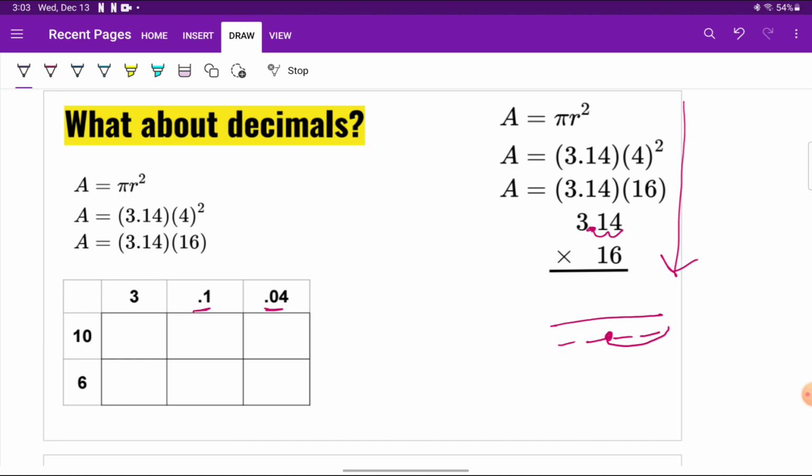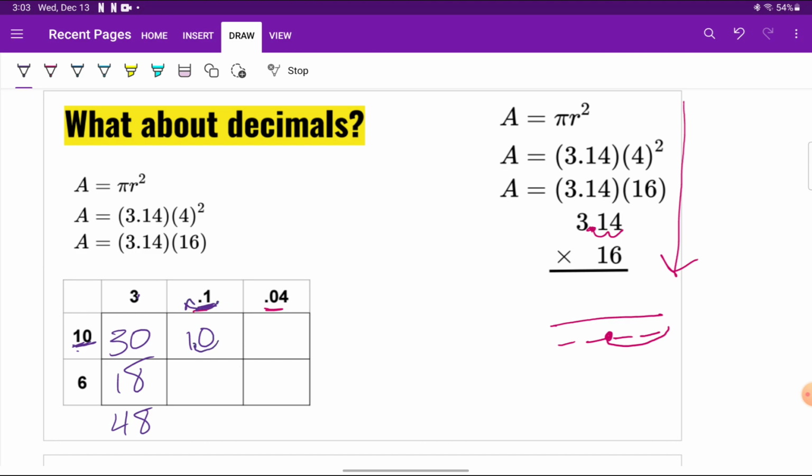So in this first box, 10 times 3 is 30. 6 times 3 is 18. I'm going to go ahead and write down 48. 10 times 1 is 10. I've already got my 0 in there, but this came back 1 decimal place.